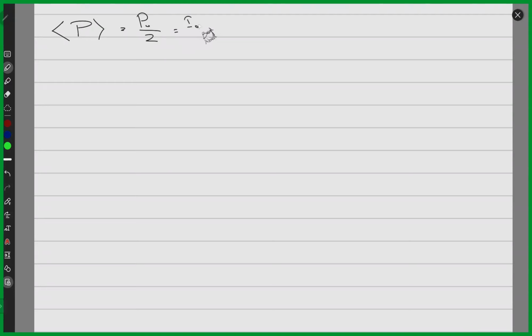It is I naught squared R by 2, right? Which you can write as V naught squared by 2R, right? So this is the average value of power that I can get, or the power loss that I'll be getting in an alternating current circuit.